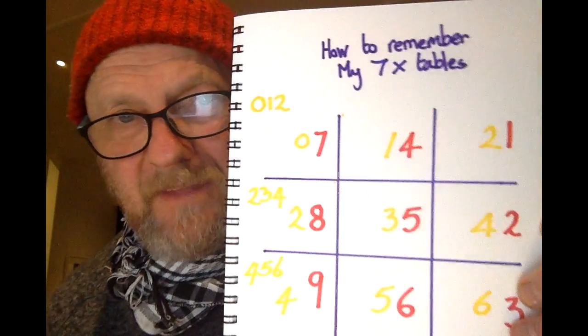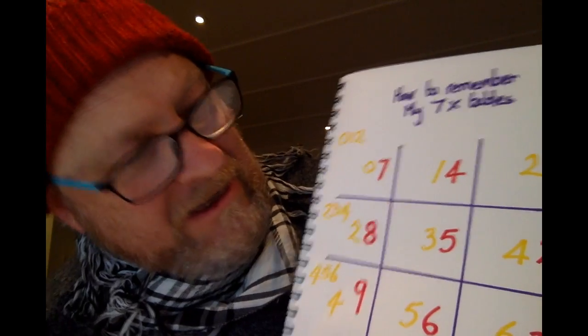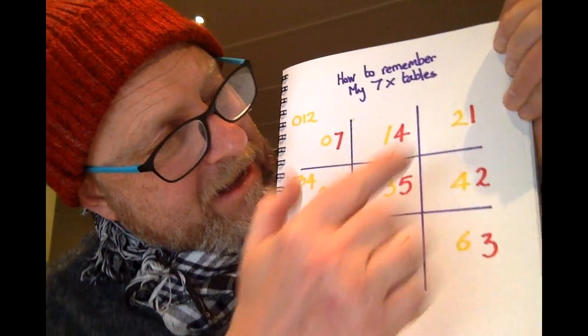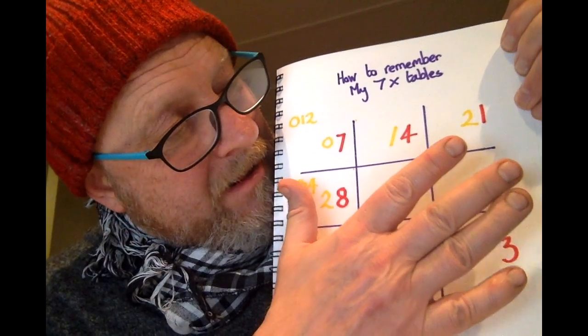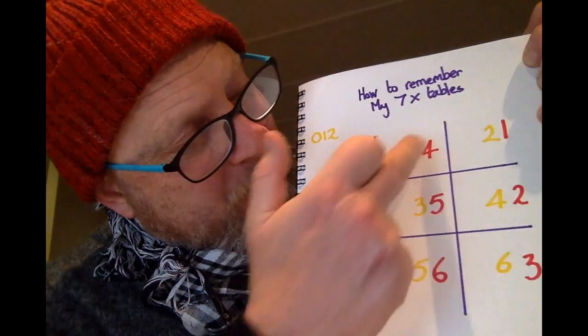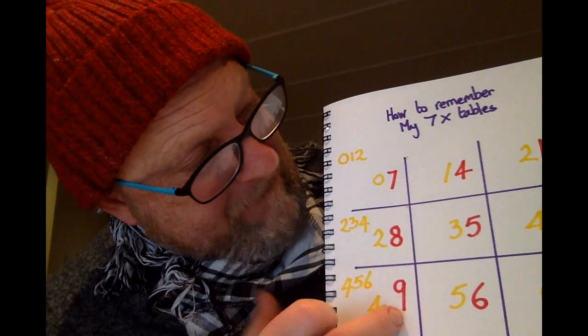So here is how to remember your 7 times tables. So what you do is you do a tic-tac-toe or noughts and crosses, and in the far left-hand column you write 1, 2, 3, in the middle column 4, 5, 6, and in the closest column 7, 8, 9.